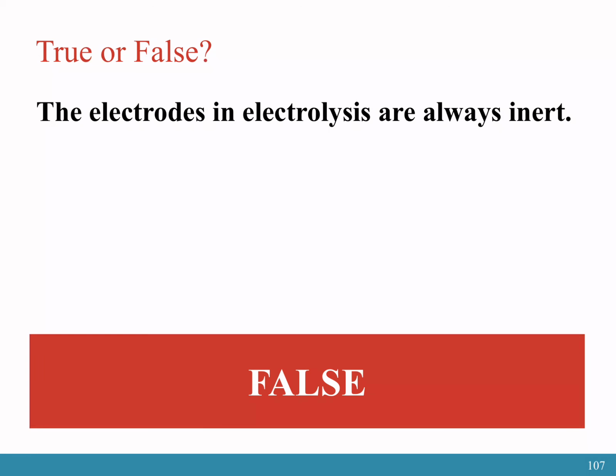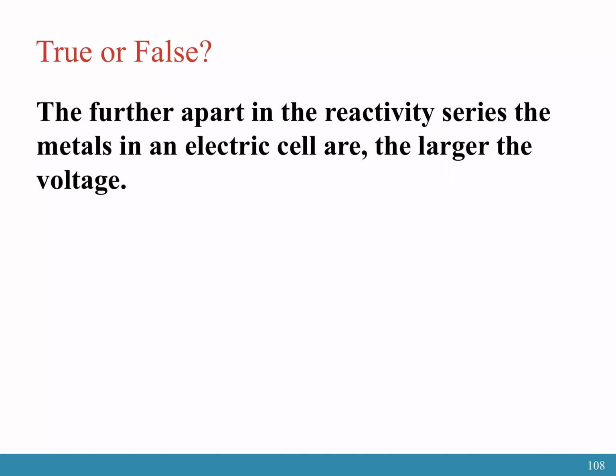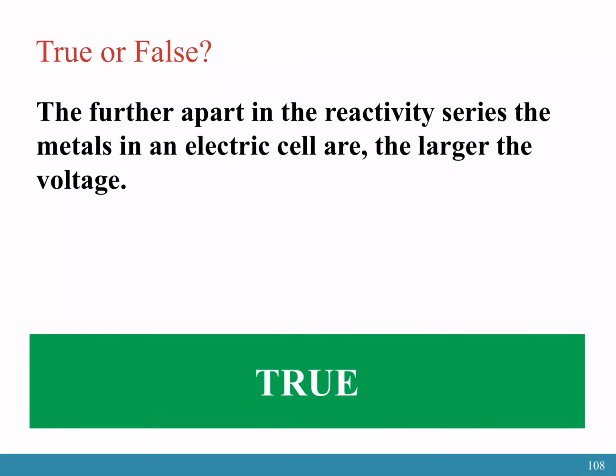I taught you some reactive electrodes already, like copper, lead, silver, zinc. The further apart in the reactivity series the metals in the electrical cells are, the larger the voltage. True. This is the end of my video. Thank you for watching.